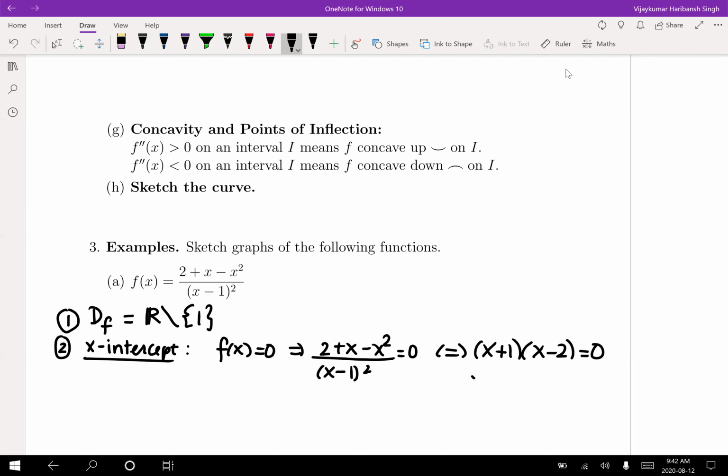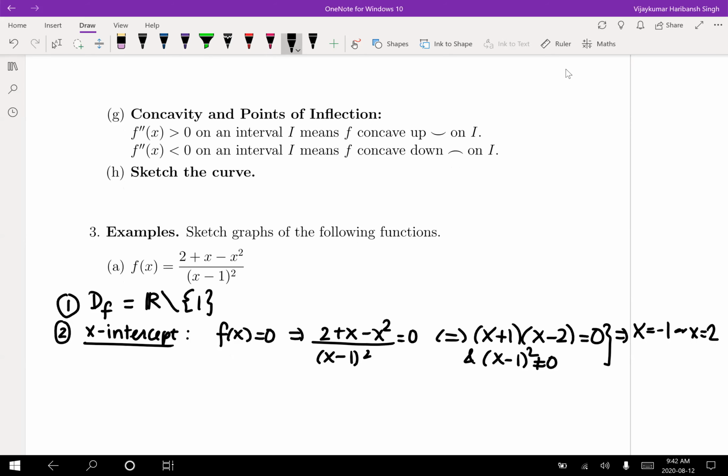And we have to check that the denominator is not 0 at that point. So this is what we need to solve. This will give us x equals minus 1 or x equals 2. And we need to check, does it make the denominator 0? No. So these are the x-intercepts, x equals minus 1 and x equals 2.